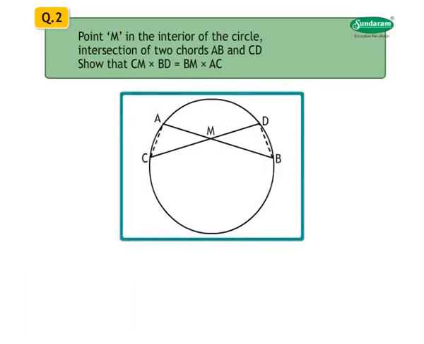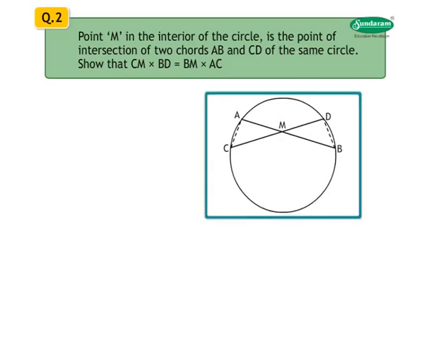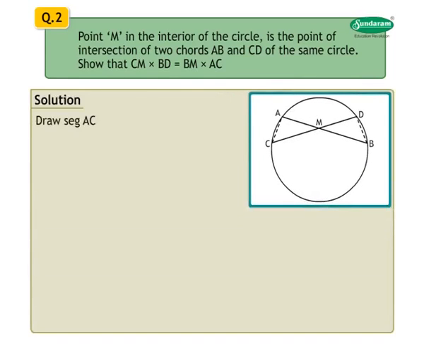Number 2. Point M in the interior of the circle is the point of intersection of two chords AB and CD of the same circle. Show that CM into BD is equal to BM into AC. Solution. Draw segment AC and segment BD.